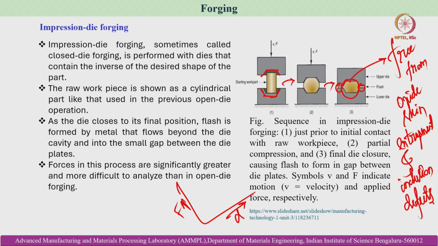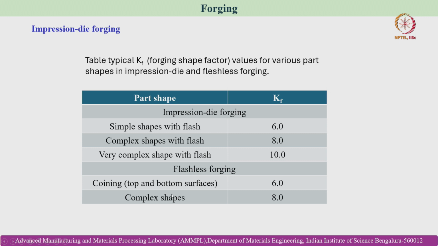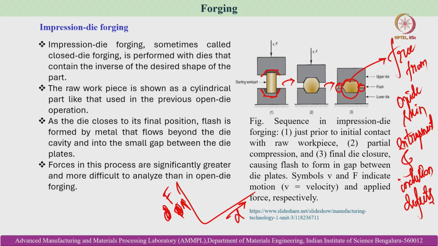Initially, with increasing displacement the force increases, and then after a certain displacement is reached, with a small increment the force increases significantly. Why does this happen? This happens because of the flash generation.